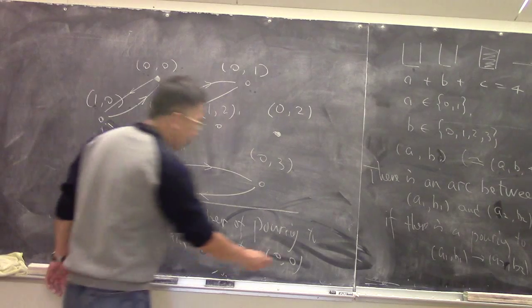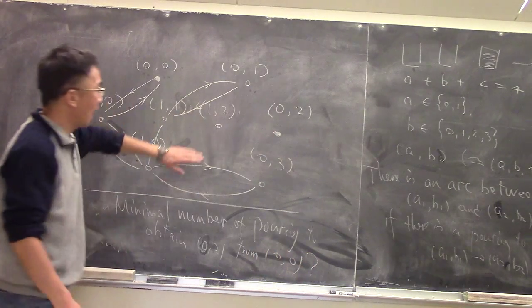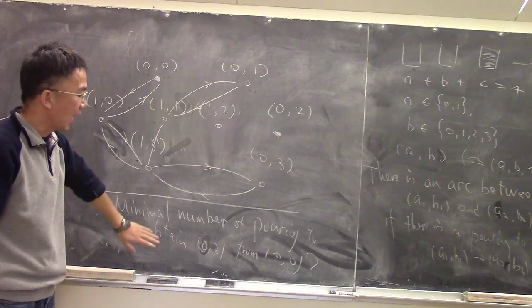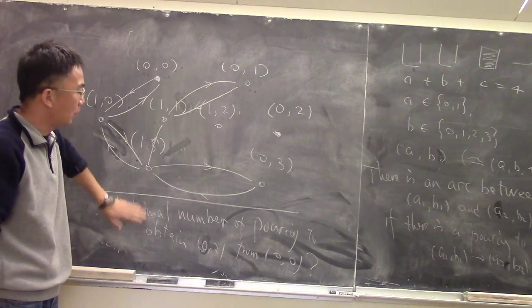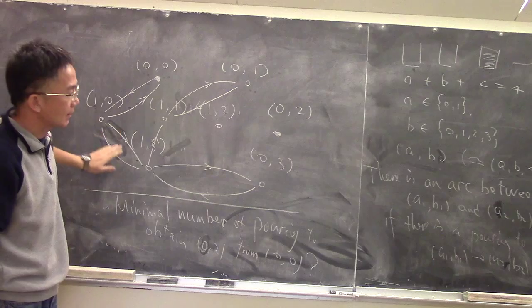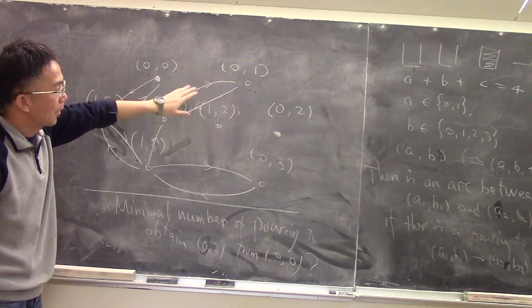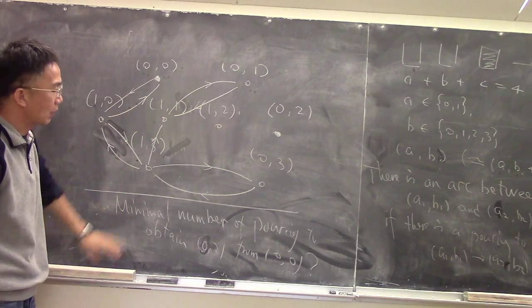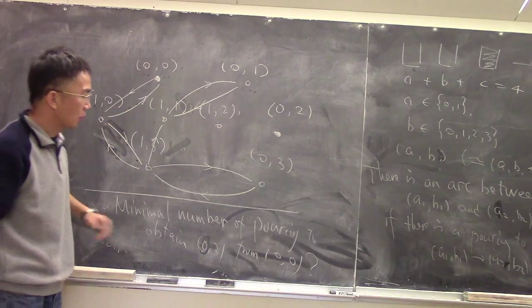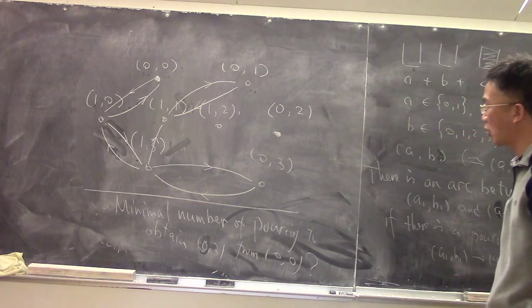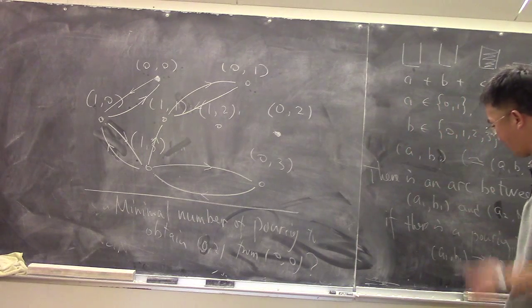And you can even ask this question. But as long as you are able to draw a directed graph here, then look at the graph, and you will be able to find if a path exists, and then you will be able to compare all of the possible paths. You will find which one is the minimal number, right? So that's a good example of the application of this directed graph.